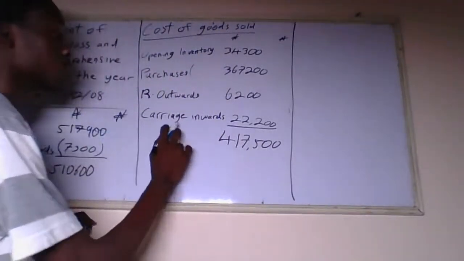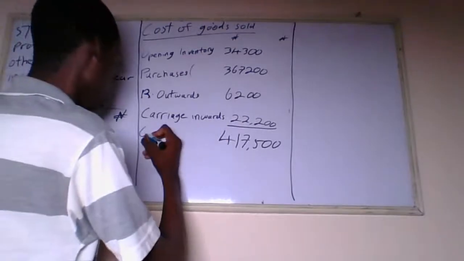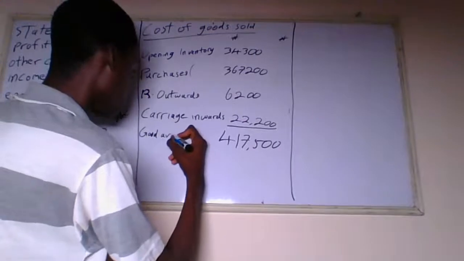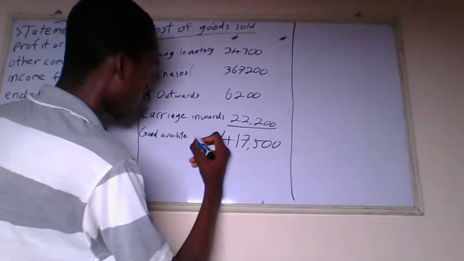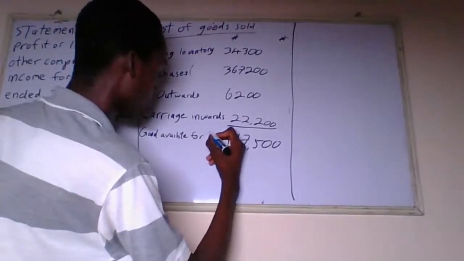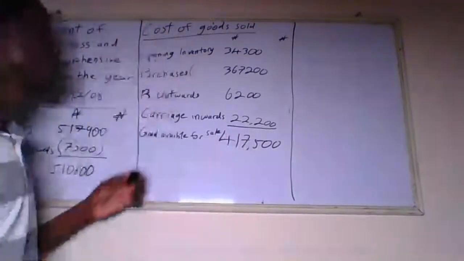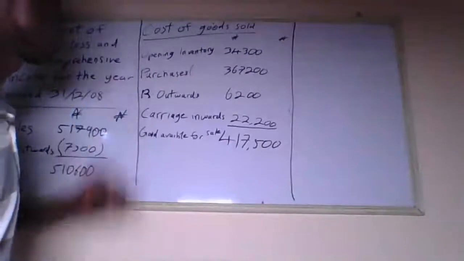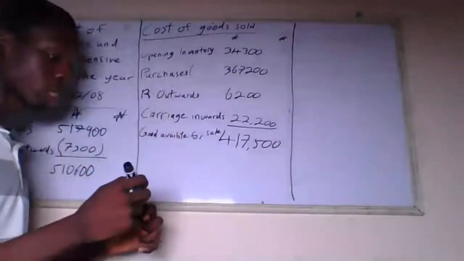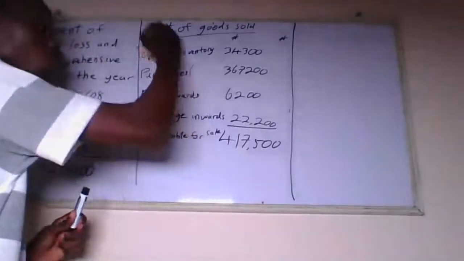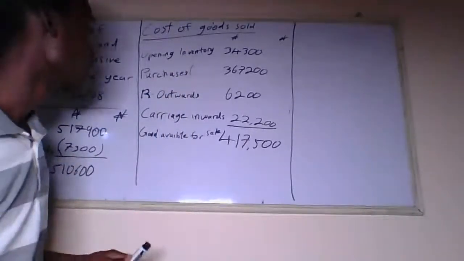So this is our goods available for sale. So when you have your opening inventory together with your purchases, return outwards and carriage inwards, what this means is these are all the expenses you incurred while obtaining your goods that you intend to sell.